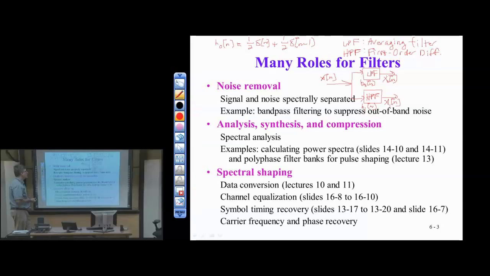by one sample. Now, if we add the 2, if we don't have any filtering or any other operations in these low pass and high pass channels, then we can simply add the results of the low pass and high pass channel to recover the original signal x of n.